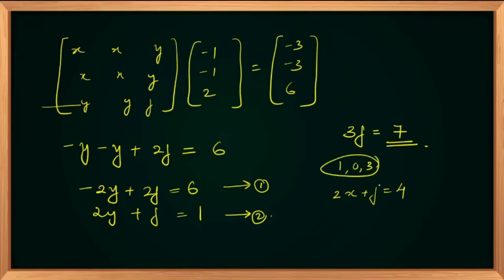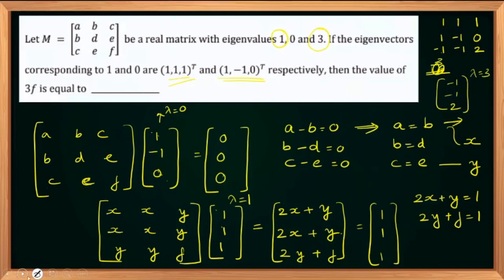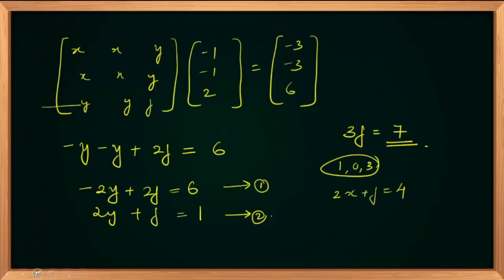The sum of diagonal elements must be equal to the sum of eigenvalues. That is also because we have one relation here which gives 2y plus f is equal to 1 and 2x plus y equal to 1. That can be used to solve it. Yes, sir, this method. Fine, any method is fine.